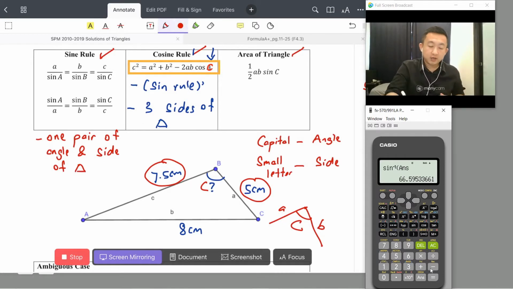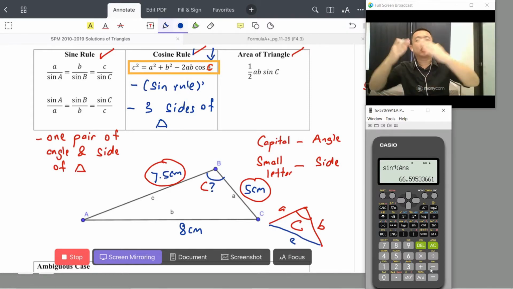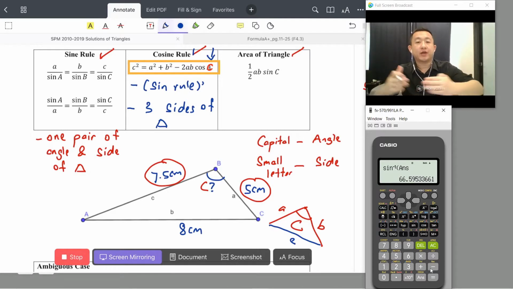Why? Because logically speaking, this one should be small letter c, opposite of the angle C. So by right, the two sides of the triangle surrounded by angle C will be a and b, definitely. Which one is a, which one is b is not important, as long as you know which one is a and b. So you put in, let's say this is a, this is b, and this is your small letter c.